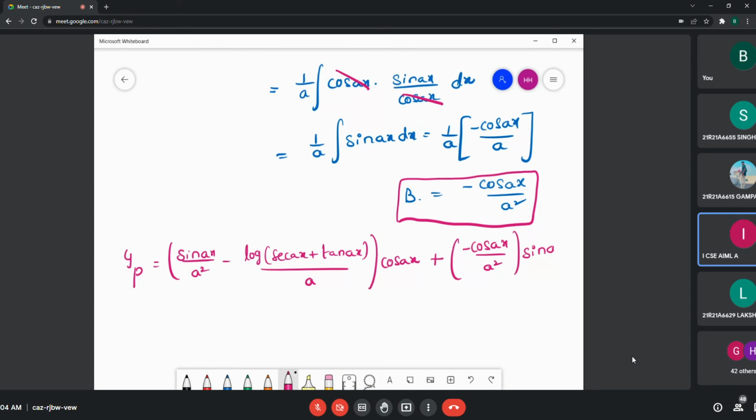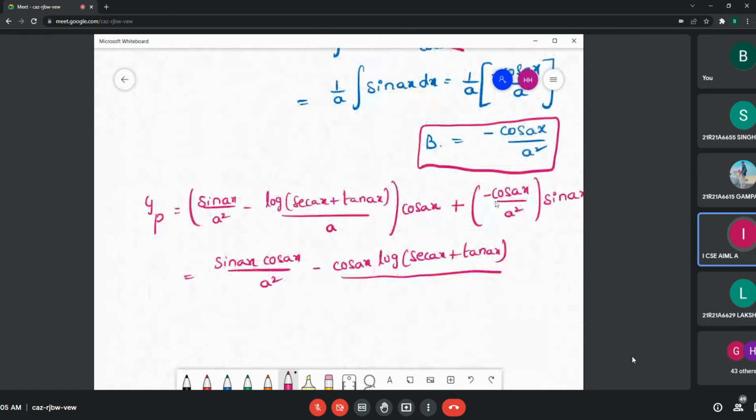V of x is sin ax. So take the simplification here. So take the product with the cos ax. So sin ax into cos ax by a square minus cos ax into log secant ax plus tan ax, whole divided by a square, so the last term is minus sin ax into cos ax by a square.